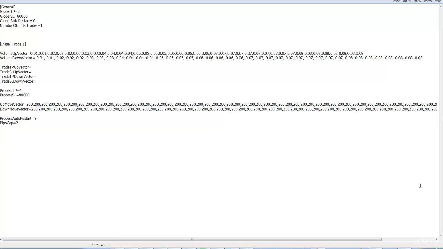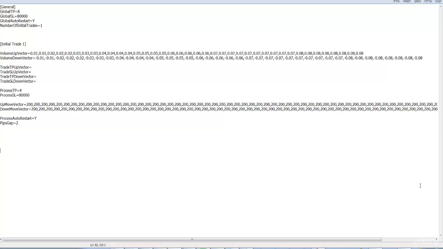So relatively, these numbers in the up and down vectors, although they are symmetrical in this case, are small. If you compare that to the numbers we used in previous case studies or demonstrations, these are extremely small.